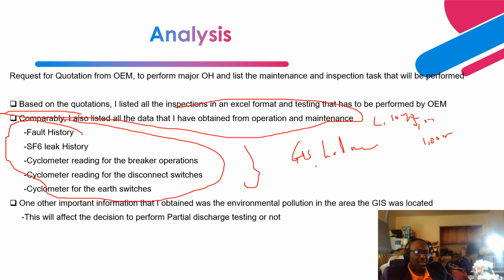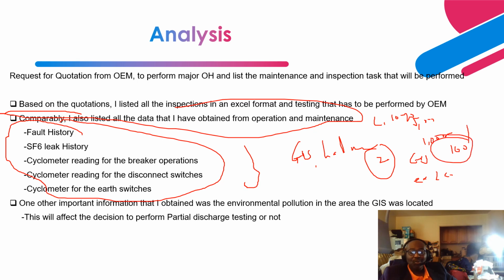After I performed all my analysis, I found that only a couple of the GIS experienced only two closing faults, and even then, the cyclometer reading was less than 100.